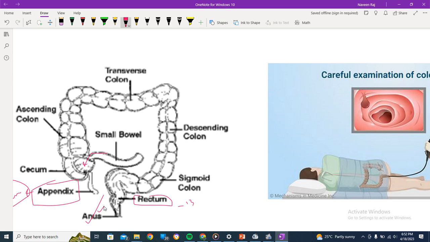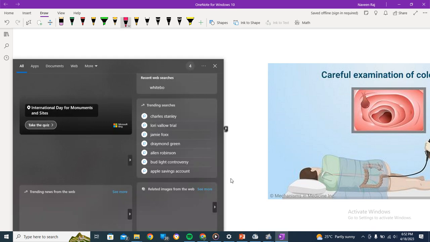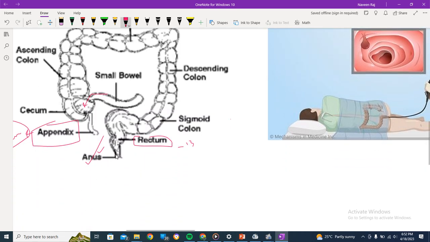If you talk about adults, defecation involves the contraction of the muscles of the rectum and relaxation of the internal anal sphincter. As I said before, there are two different sphincters present, one internal and one external, so there are muscles acting at this point. During defecation, relaxation of the internal anal sphincter occurs.